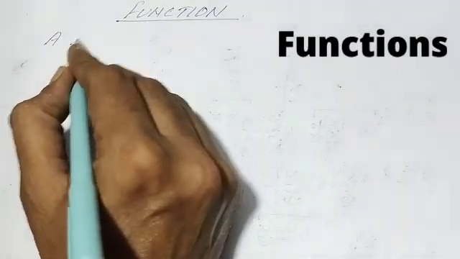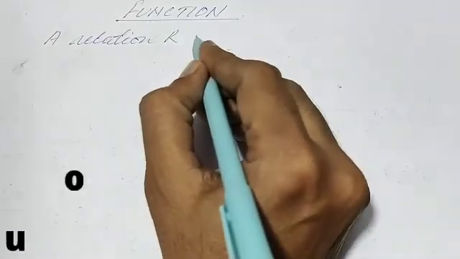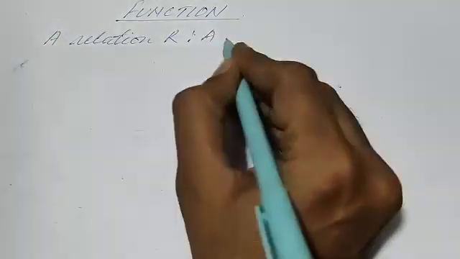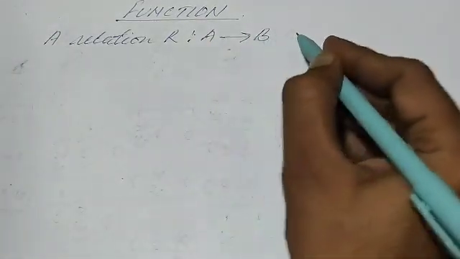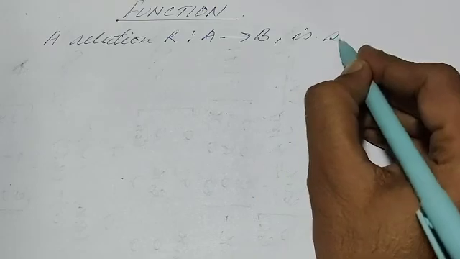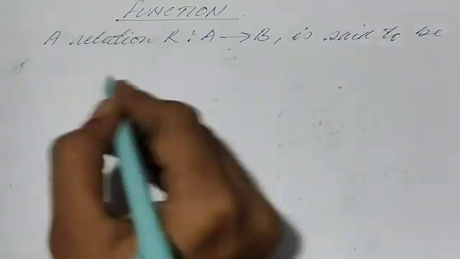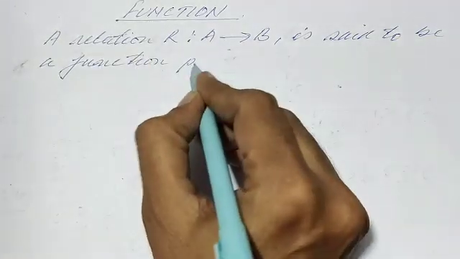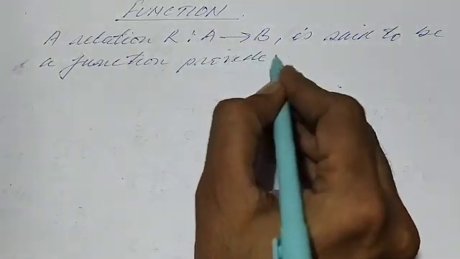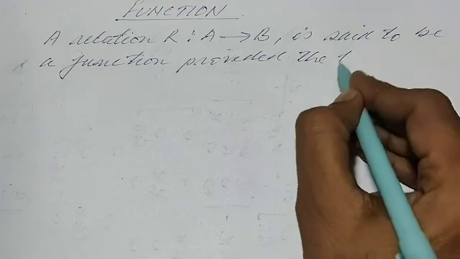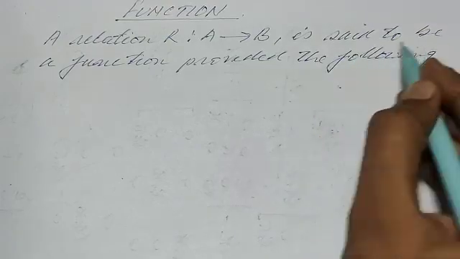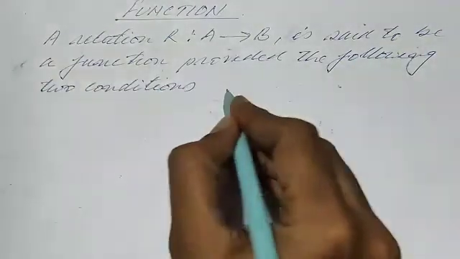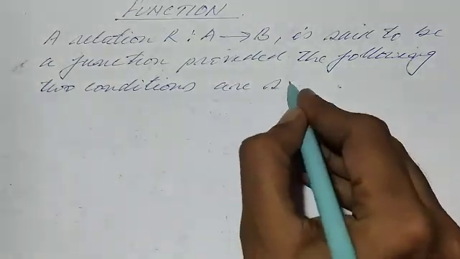A relation R from A to B is said to be a function provided the following two conditions are satisfied.